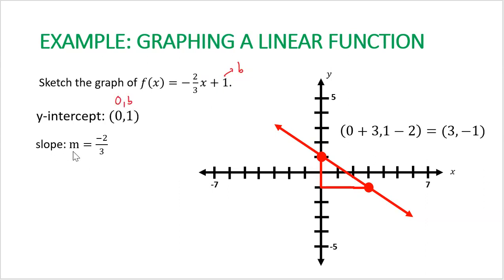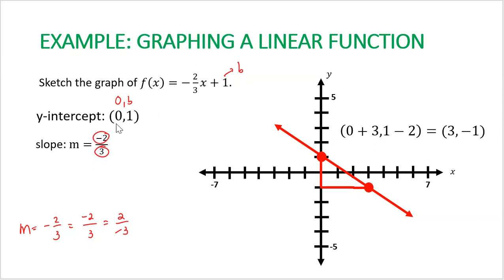And then our slope m is negative 2 thirds. So we have two options for m equals negative 2 over 3. This could be negative 2 divided by 3, or that could be positive 2 over negative 3. So let us use the slope negative 2 over positive 3.